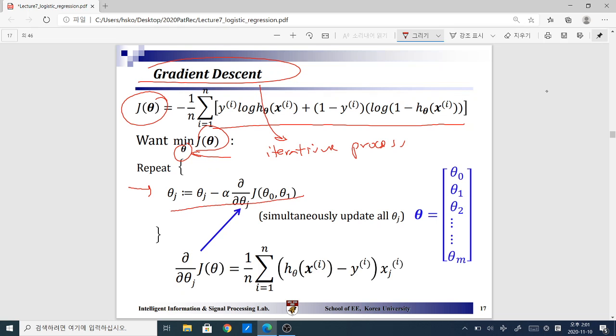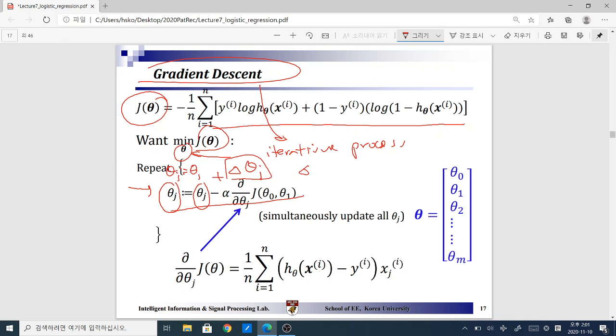Okay, and how does it work? Well, this is the way it's going to be done. That is, the current value of theta is going to be equal to the previous value of the parameter theta plus the change of the parameter. So for example, theta j is equal to the previous value plus the change of the parameter theta sub j.